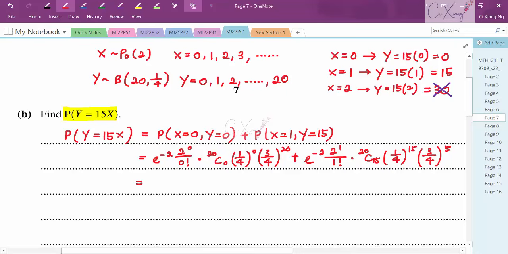Okay, so if you press the calculator and get the final answer, it will be equal to 0.00430, correct to 3 significant figures. Right, so this is how we answer question number 4, part B.